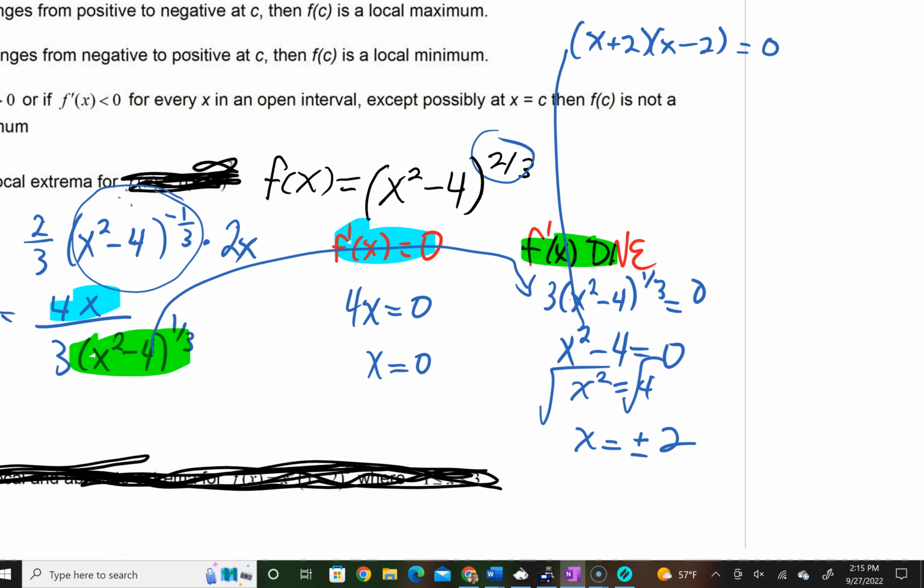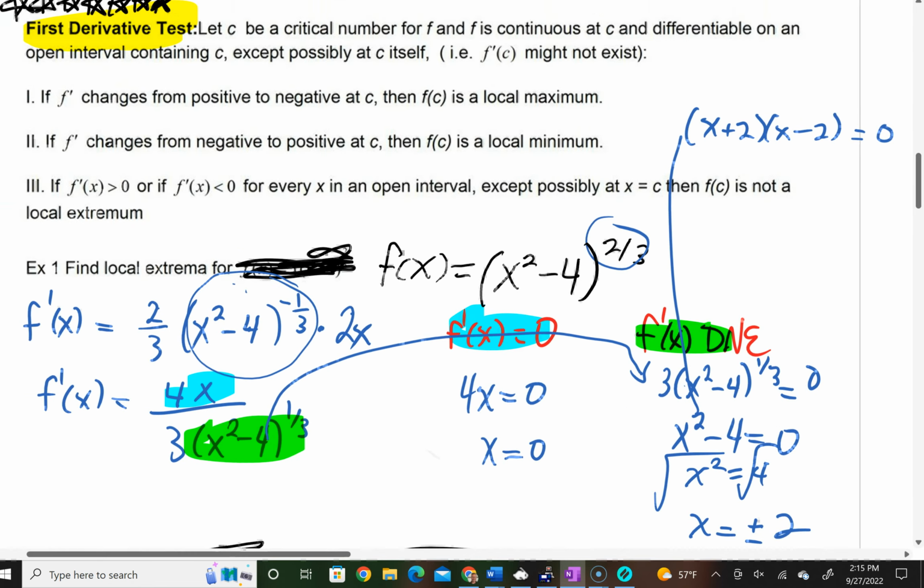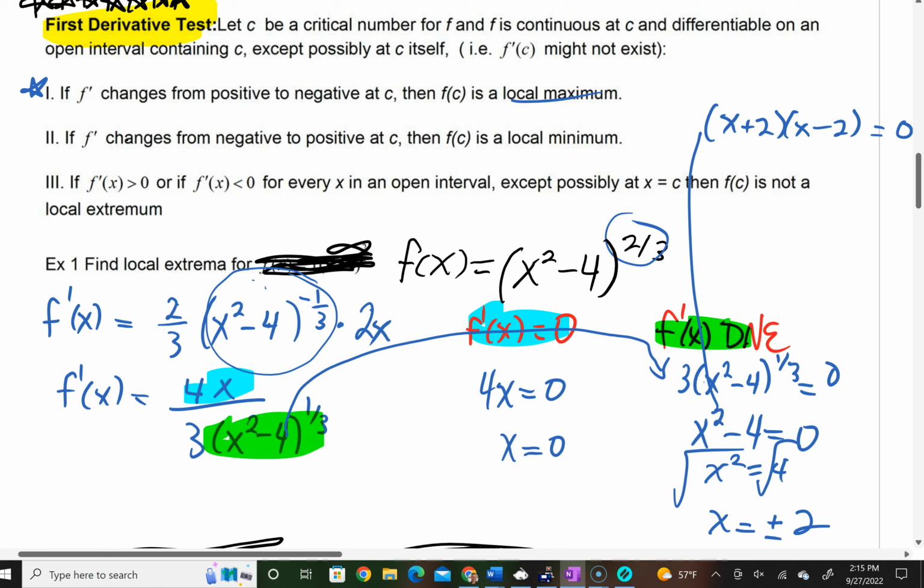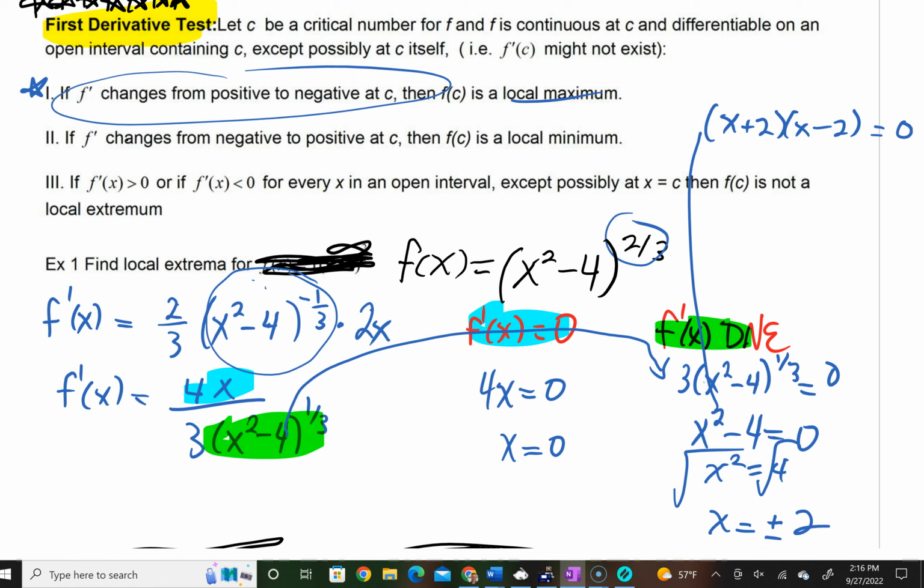What did the note seem to imply that we're most looking for? How would we know we'd have a local max or a local min here? Let's start off with a local maximum. What's going to have to happen? F prime changes. We're going to do a number line test.